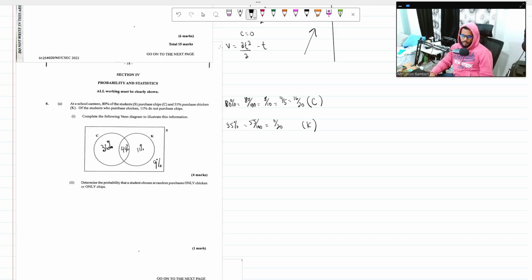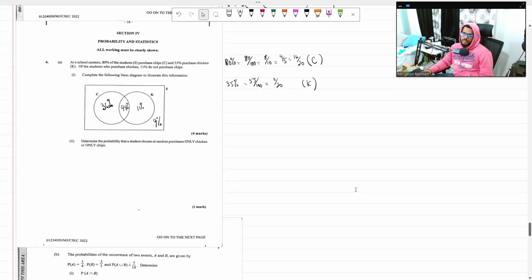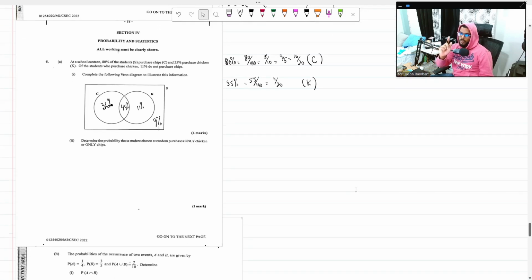Determine the probability that a student chosen at random purchases only chicken or only chips. So if I let X be the event, a student purchases only chicken or only chips.